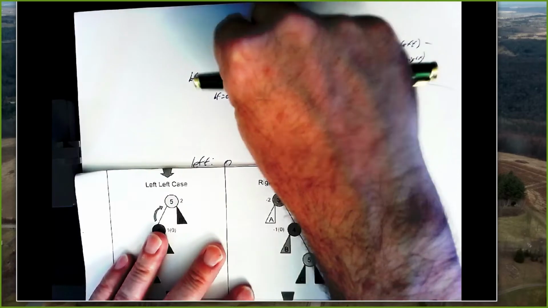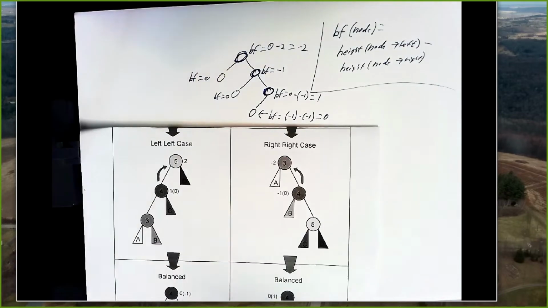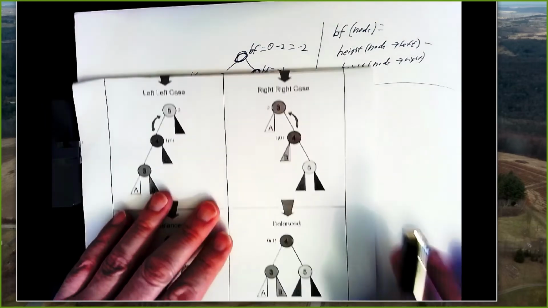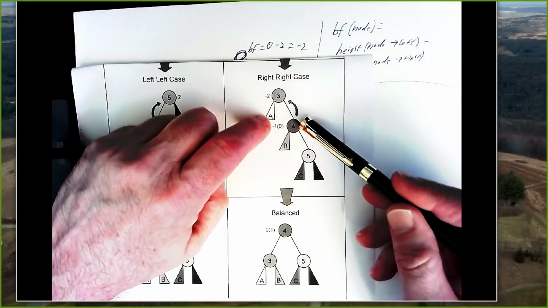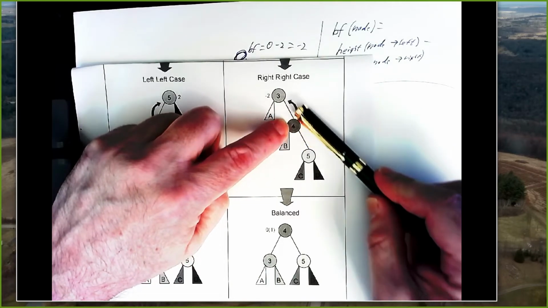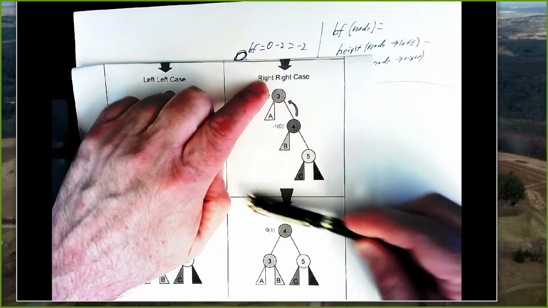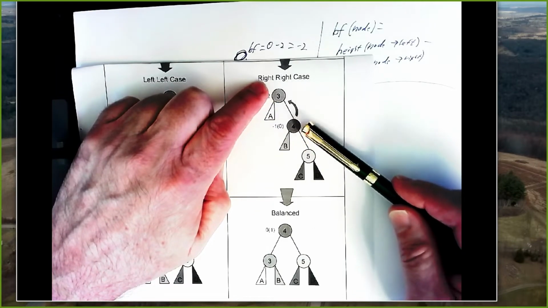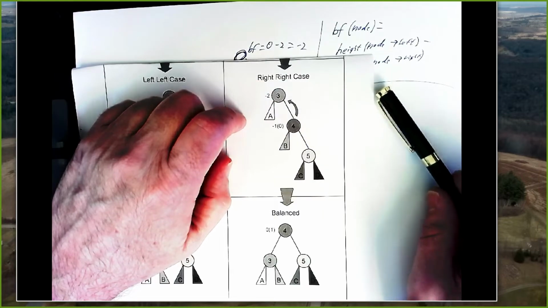So we'll say that this is right-right unbalanced. And we're going to make an adjustment to the tree. And the adjustment in this case is we're going to basically take this child, the node that's balanced by -1, move that up to take the place of this node, move this node down to be the left child of this node. So these are called rotations.